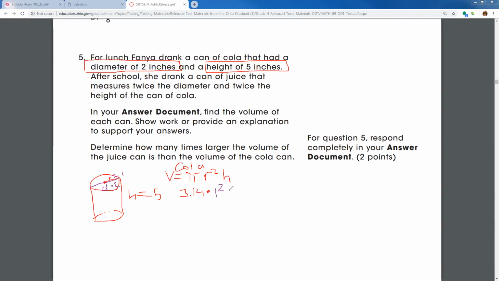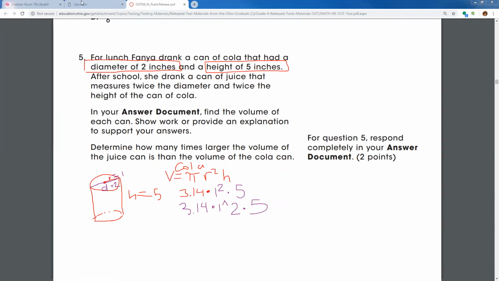So 1 squared then times the height of 5. When you type this in, I believe the TI calculator has the triangle button, but it could have A to the B. I'm trying to get an exponent there.